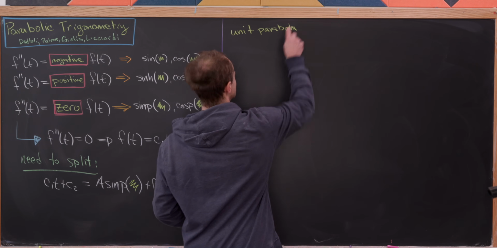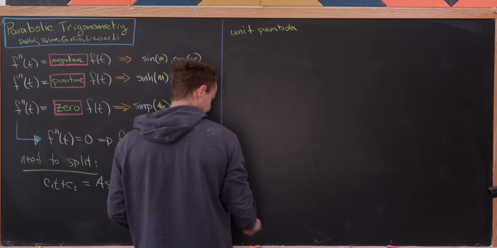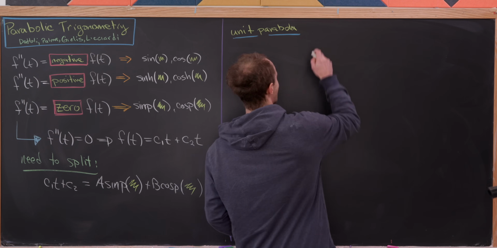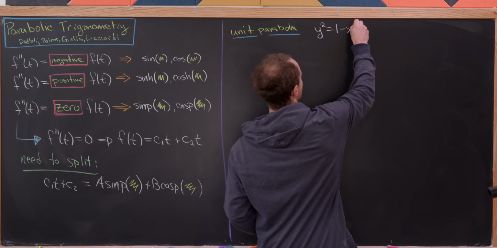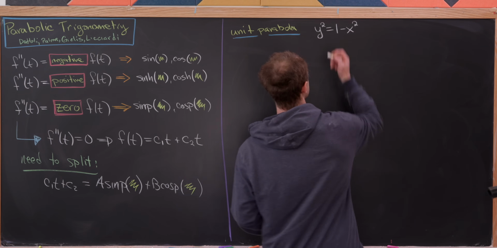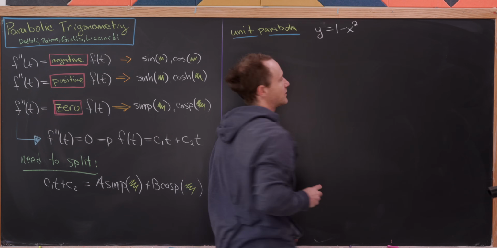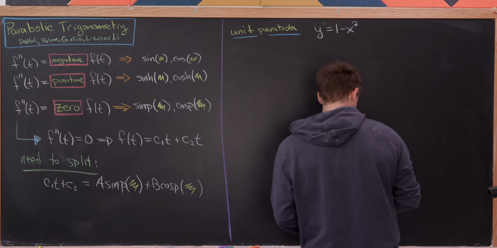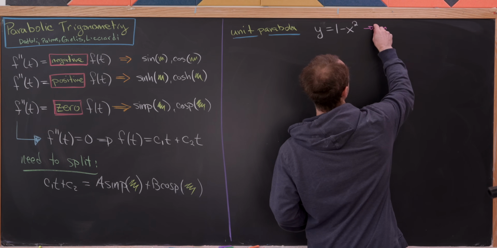I'm not sure if this is a standard name for this object, but for our purposes it's pretty good. We'll take the unit parabola to be the curve y equals 1 minus x squared, because we need that to be a parabola.